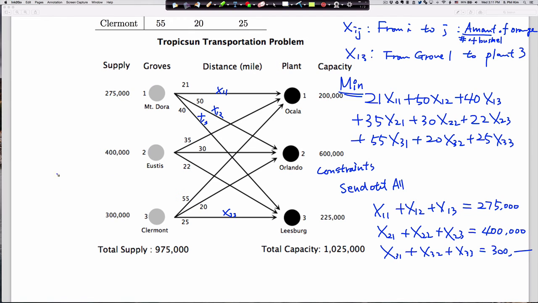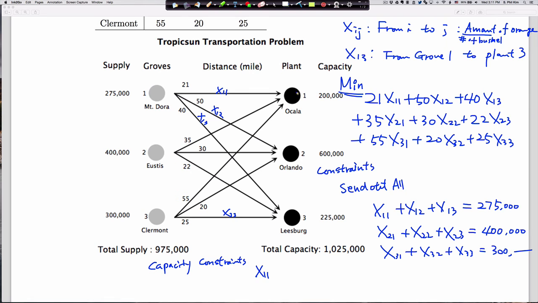And what is another constraint? Another constraint is the plant capacity. So plant 1 cannot get more than its capacity. So how many bushels does plant 1 get? x11 is coming to plant 1.